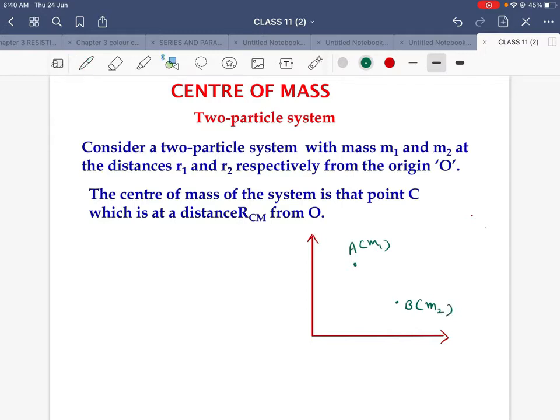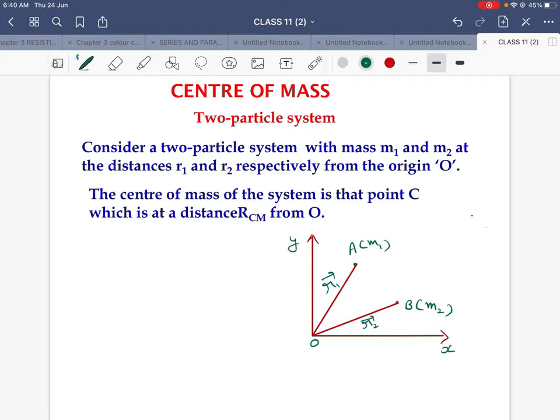Let r1 and r2 be the position vectors of these two particles, that is represented by r1 and r2 from origin.